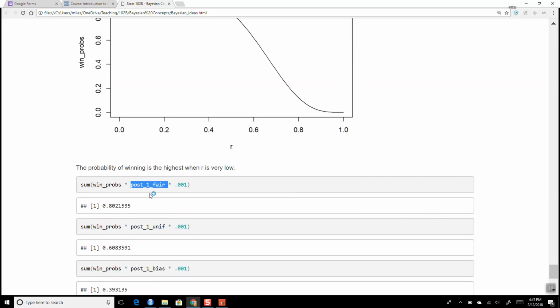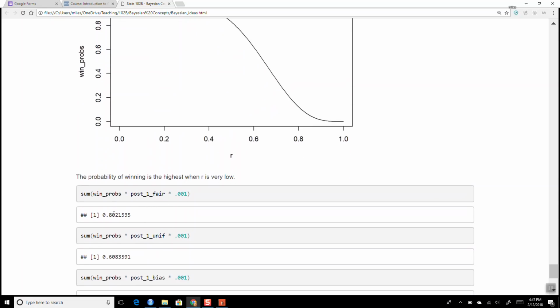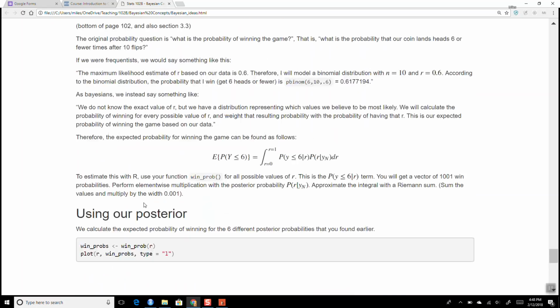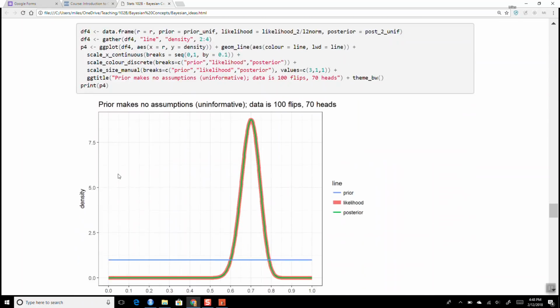When we multiply these things out and do the integral of the product of these two, then that probability is 0.8. So this would be my estimate of winning the game according to my posterior beliefs about R if my prior beliefs were that the coin was fair, right? When the coin was fair, I believed that the probability that I would win was 0.828, around 83%.